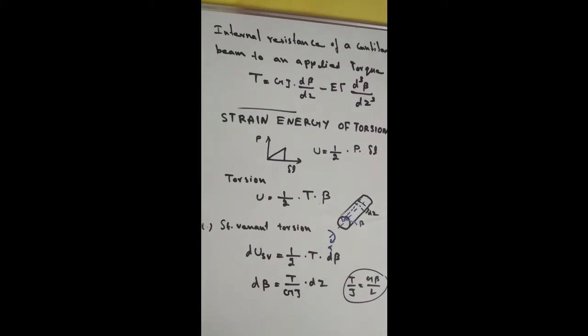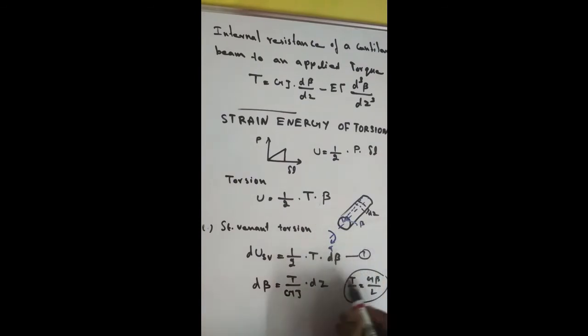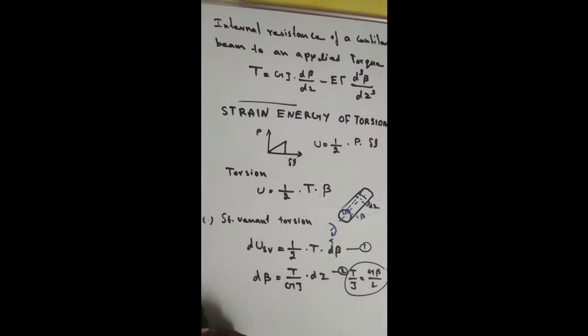Here T is the torque and GJ is the torsional rigidity. That is the first equation, and this is the second equation. Now the value of d beta I substitute in equation 1.